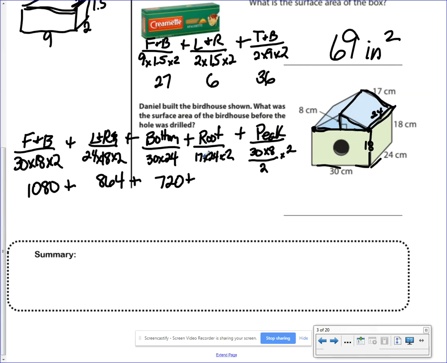The 2 rectangular parts of the roof, 17 by 24 by 2. And last but not least, the peak, the triangular shape there. All right, 1, 2, 3, 4, 5 different numbers to total, and you should end up with this.